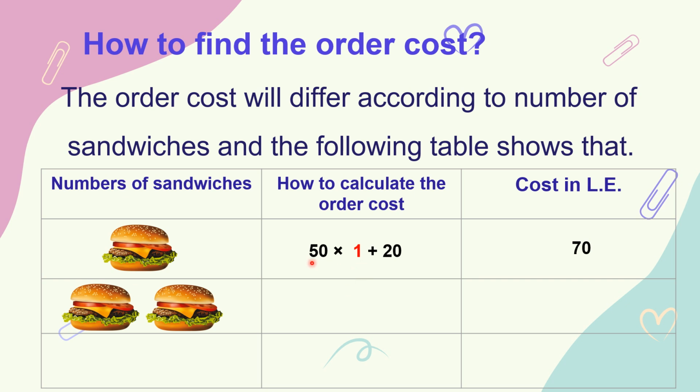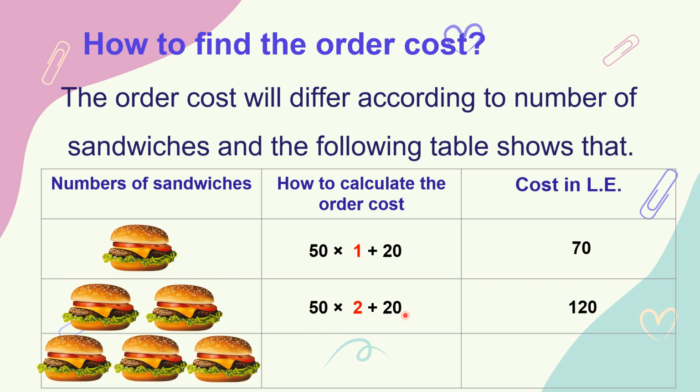The price of one sandwich is 50 and the number of sandwiches is 2, so it will be 50 times 2 plus 20 delivery. So here 50 times 2 is 100, plus 20, it will be 120. When we buy 3 sandwiches, it will be 50 times 3 plus 20, which equals 170.